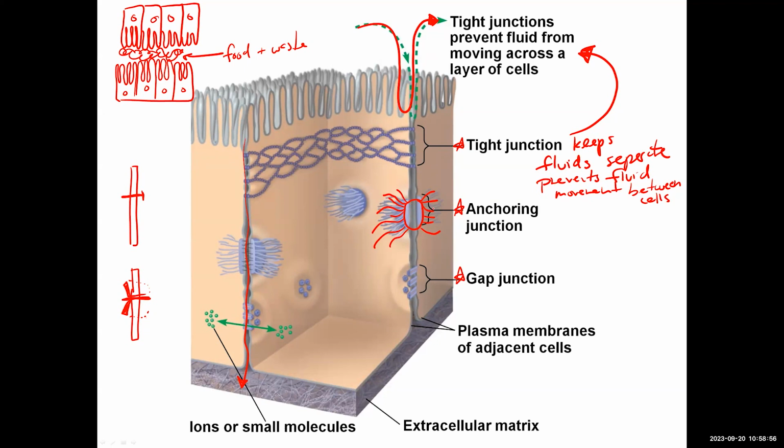There are other anchors now that are helping keep this in place. Because this membrane is fluid and not a solid structure, if we just tried to connect them with a tiny little connection, it would tear right out. So, the anchoring junction does the same thing as this drywall anchor. It provides strong physical connections.